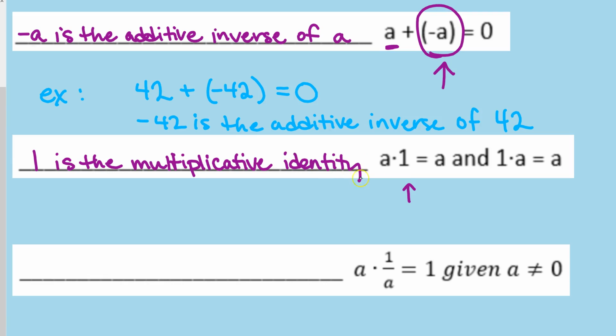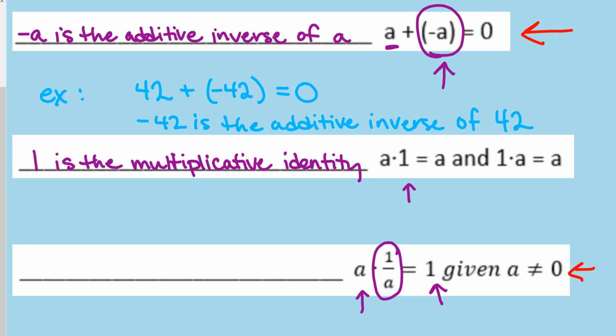And then, if you have a number A, and you multiply it by this thing here, this thing that's the reciprocal, you get the multiplicative identity. So yes, 1 over A is the reciprocal, but it also has a different name. And if you think back to what we did up here with A and the opposite of A being additive inverses, A and 1 over A would be what kind of inverses?